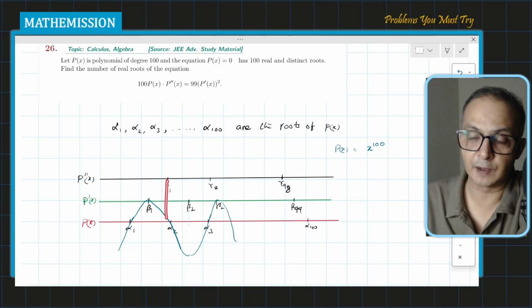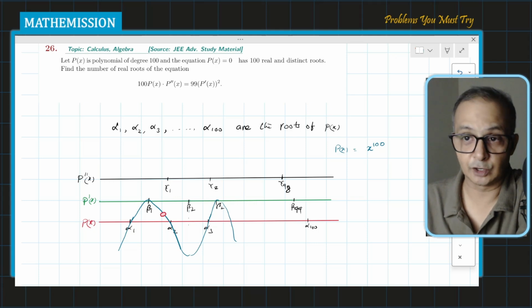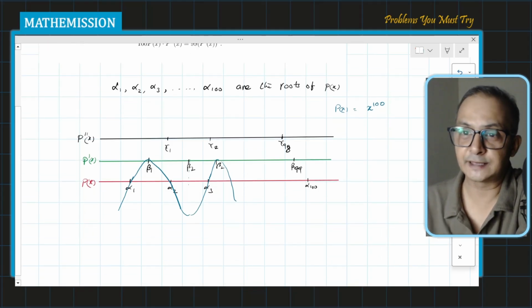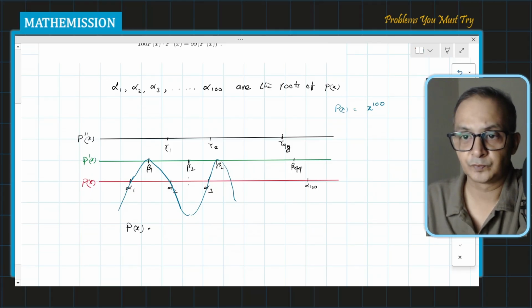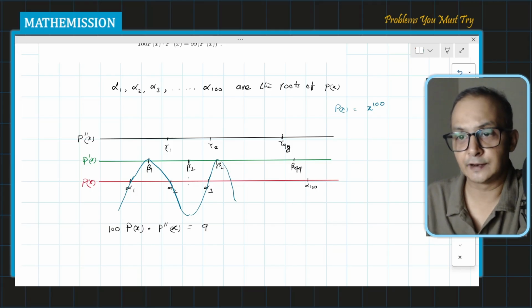This is the value of gamma. So what is happening at gamma? Because p double dash x is also 0 at this point, this point must be a point of inflection. Now notice that two things can happen. On the left hand side we have p(x) times p double dash x, and it is given as 99 times p dash x whole square.